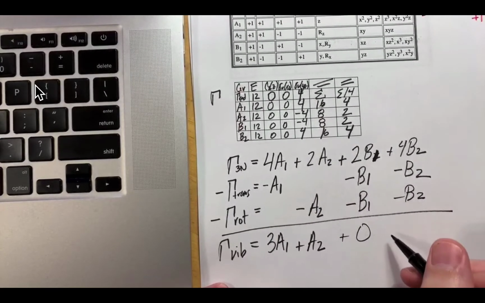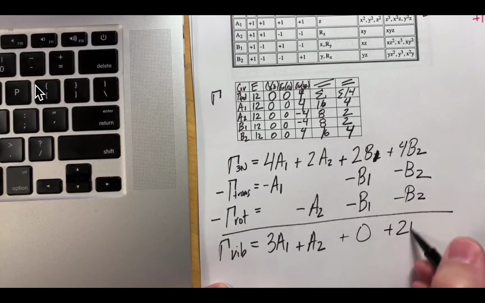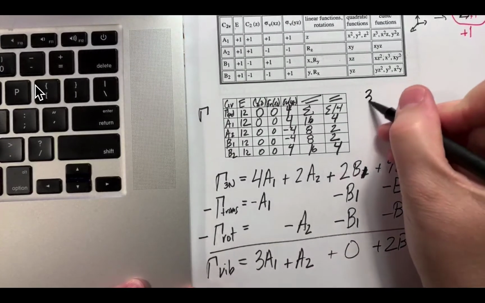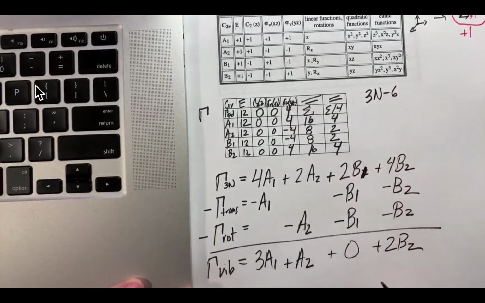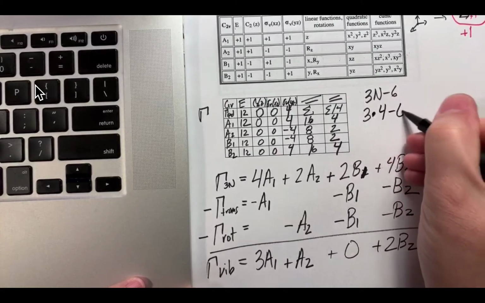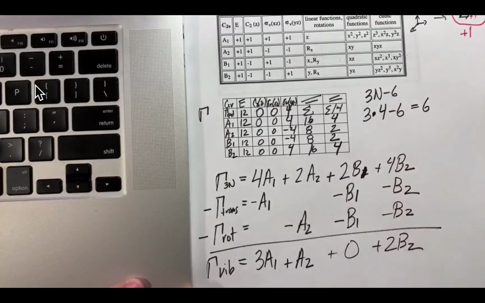So nothing from those. And then there's 2 B2s that are left. So I'm left with symmetries of 6 vibrations. And we mentioned this earlier, so 3n minus 6 vibrations is what we expect. 3 times 4 minus 6 gives me 6 vibrations. So I'm feeling good about this. I have these vibrations here.